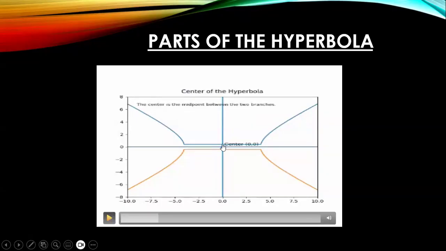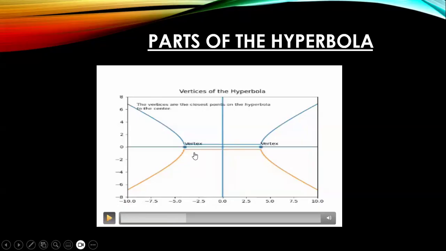So the center of the hyperbola, we have our center which is here, and the center is (0, 0). The center is the midpoint between the two branches, which, we know the center is usually the middle. That cannot change. All important measurements are usually taken from the center.